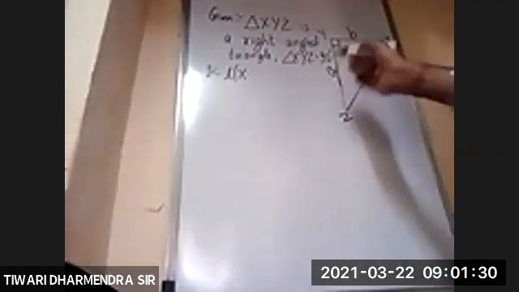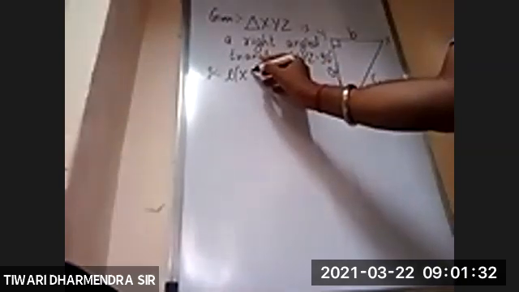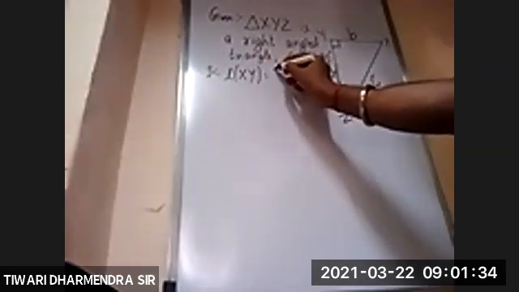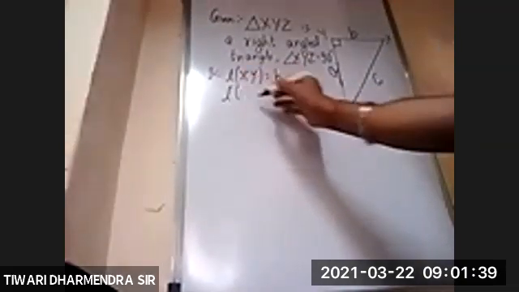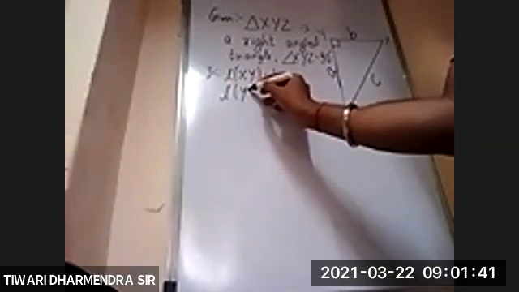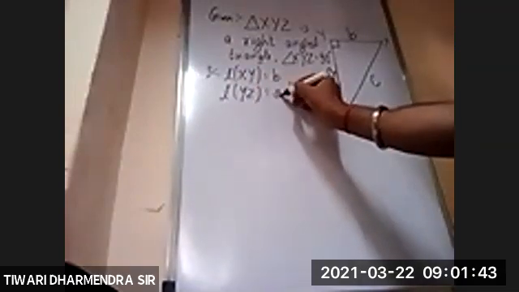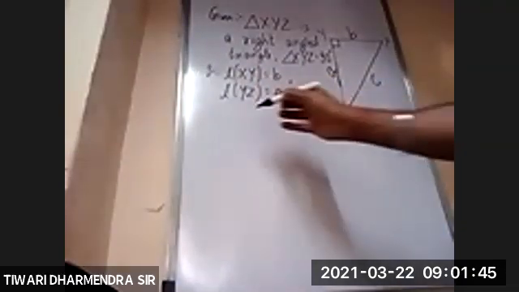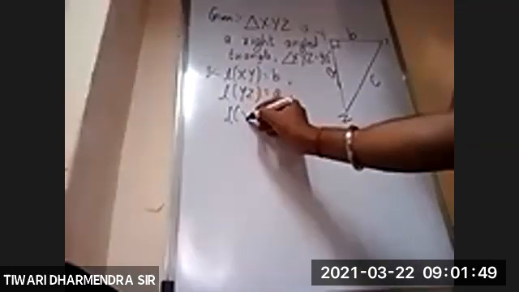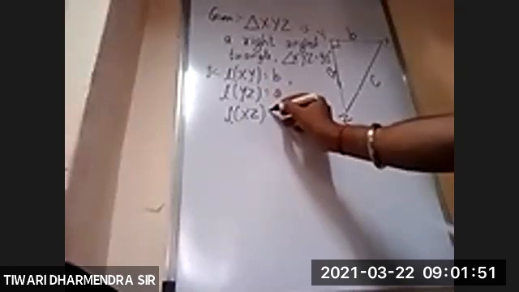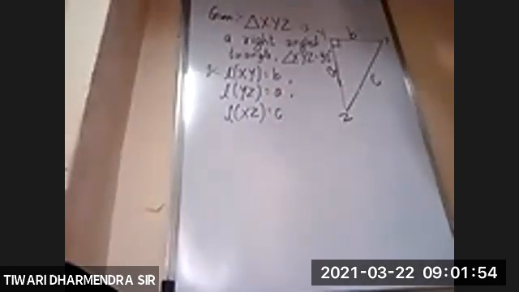So l of XY is small b, length of YZ is small a, length of XZ is small c. So these are nothing but the given part.